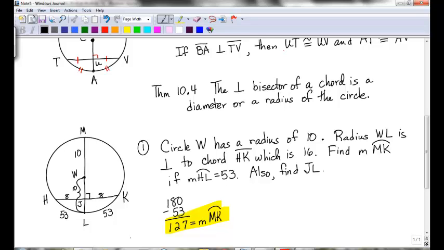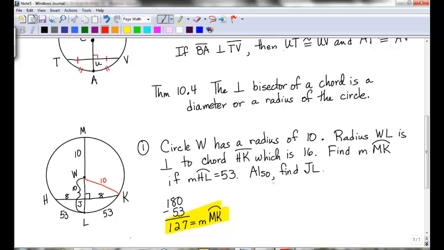That's how we know that's 8. What is WK? Because it's a radius. Okay, you've got to draw some extra stuff in here. I didn't draw that very well. This is 10. Now, do I have enough to figure this? Yeah, right triangle.